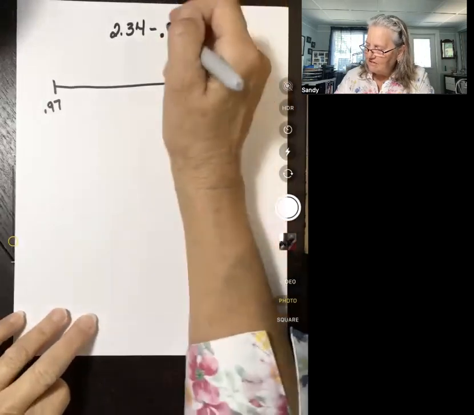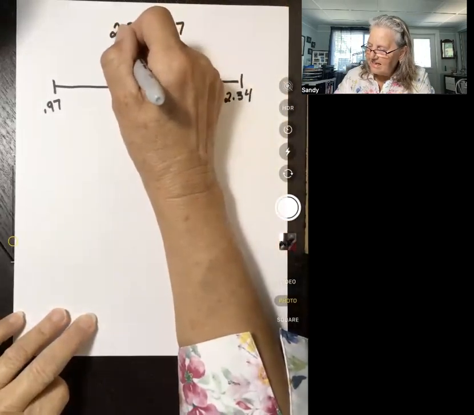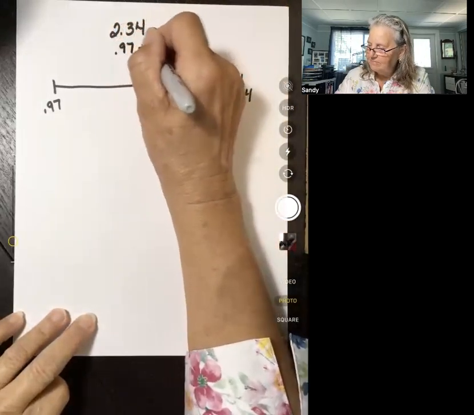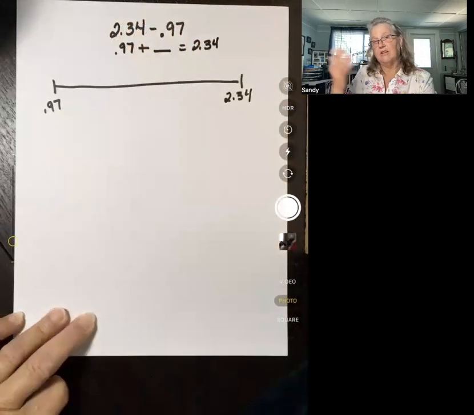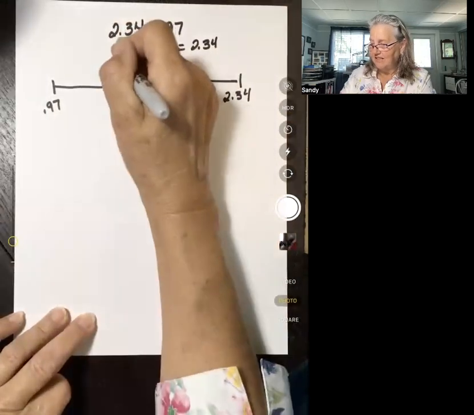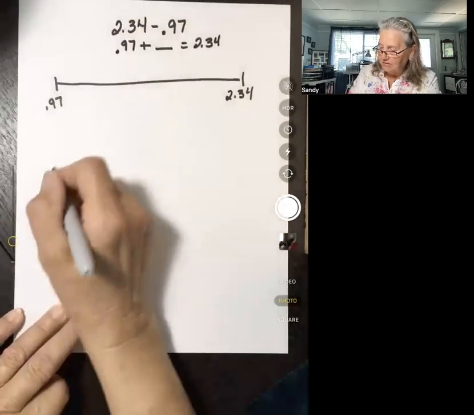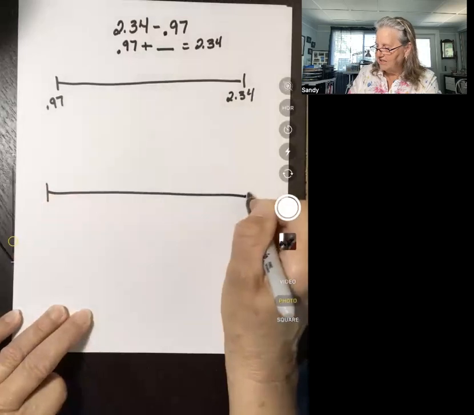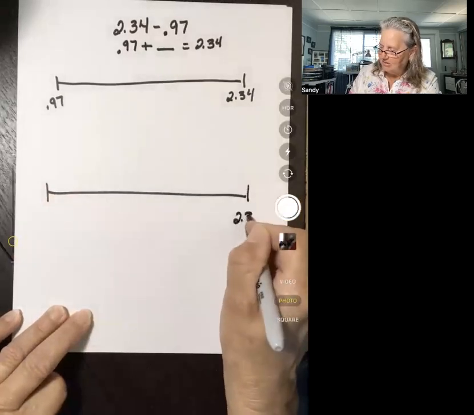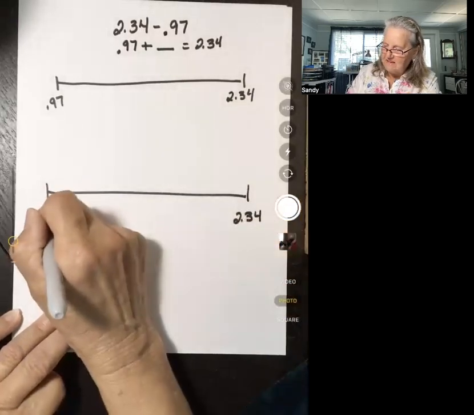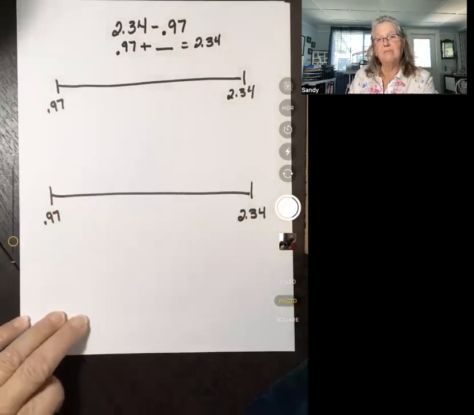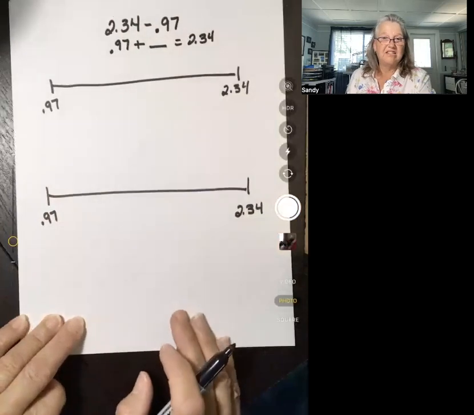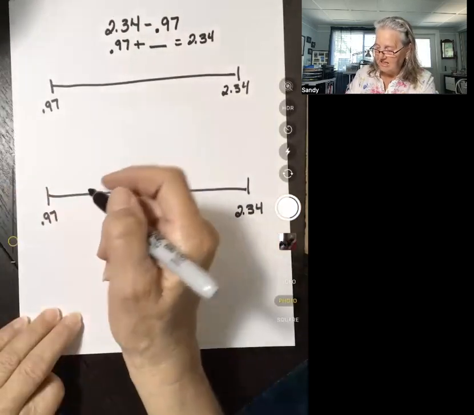But if I'm thinking of subtraction as counting up, I'm going right. I'm thinking addition to find this. Now, I'm going to redraw this here because when I start to make my jumps, I think I'm going to get into that equation. And I apologize because I know that my drawing will not be to scale, but I hope you'll get the idea.